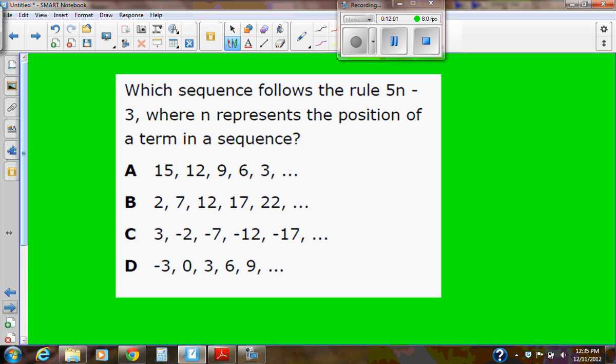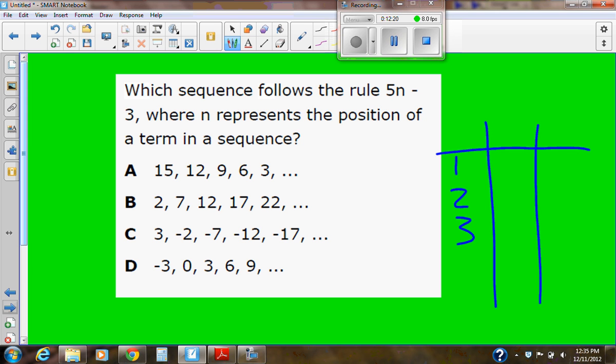Moving on. All right. Which sequence follows the rule 5n minus 3, where n represents a position, a term in the sequence? Well, we're going to set up our chart again, and we're going to say our position 1, 2, and 3. So what we're going to do is plug in the position number into the rule for n.